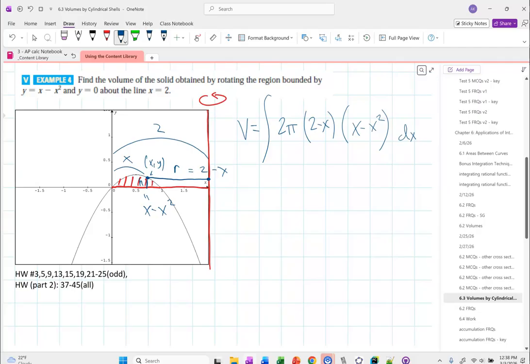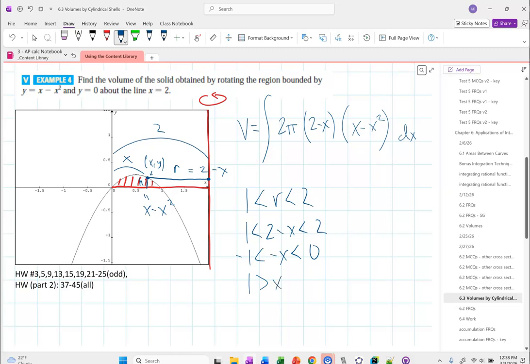Now my last thing I need to do are the bounds. So my shortest radius would be 1. My longest radius would be 2. Everybody see that? Everybody agree? The radius is 2 minus x. If I subtract 2 from both sides, I get this.